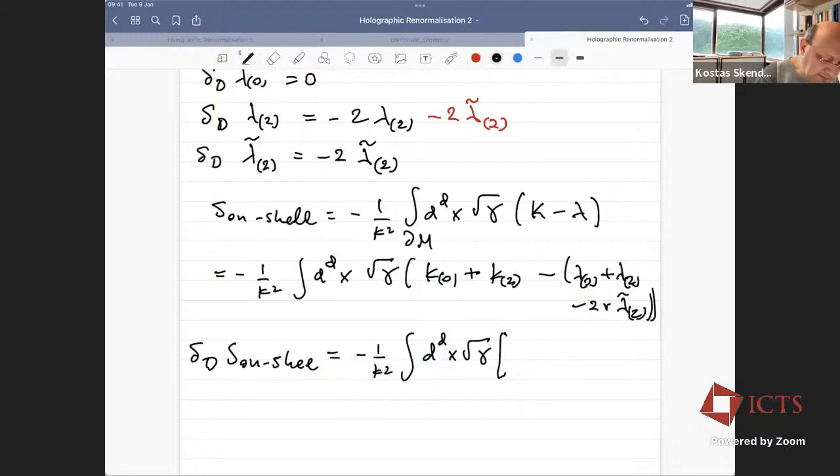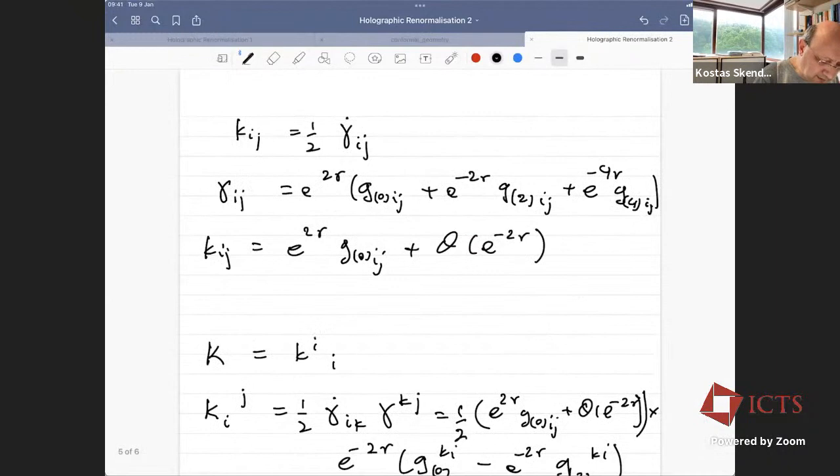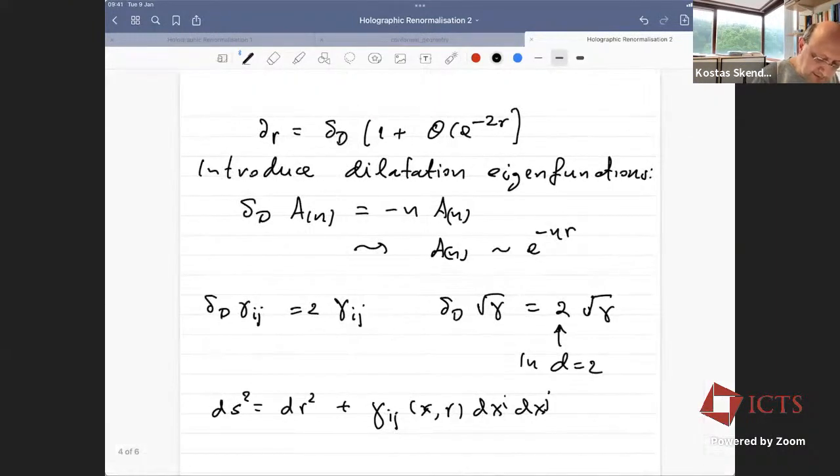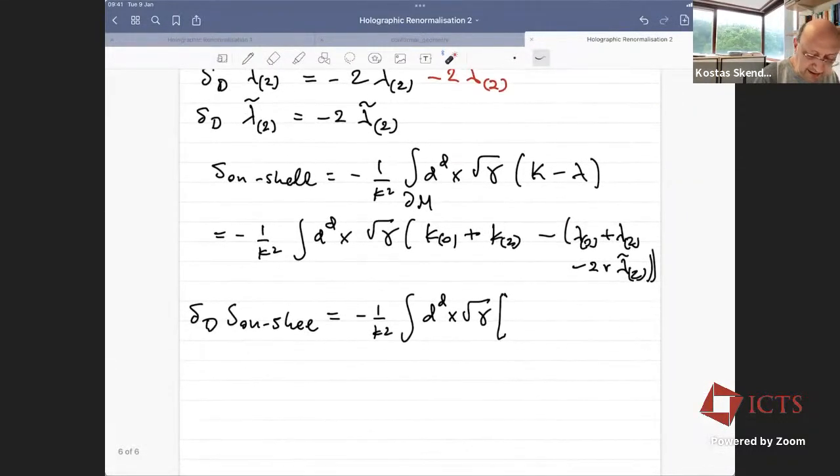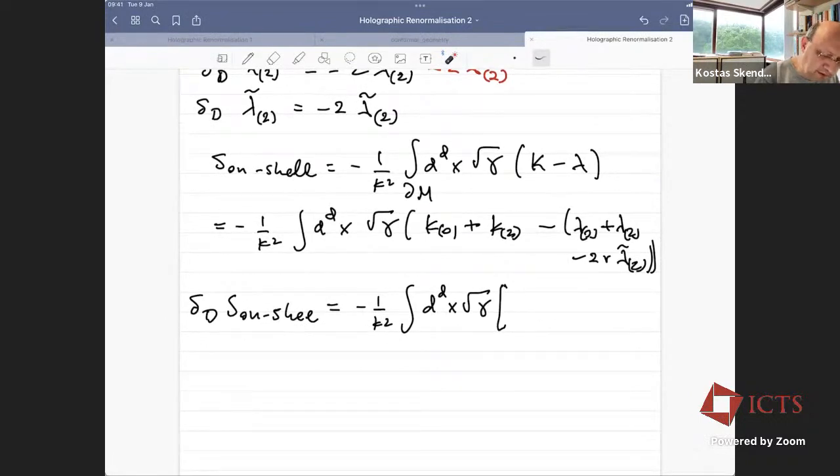The square root of the metric has scaling dimension 2, and all the other pieces scale according to the index. So if I write K0 plus lambda 0, the coefficient is 2 from the square root of gamma and then minus 0 because these have scaling dimension 0.